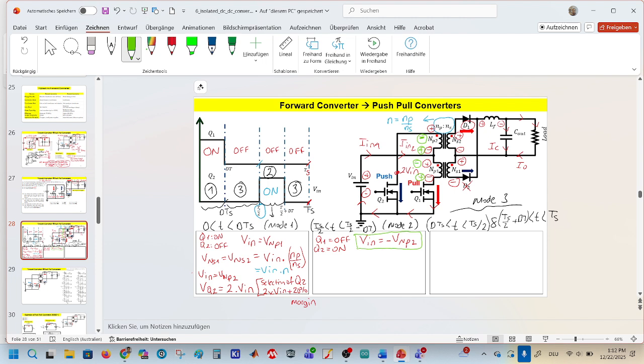And what happens on the NP1, because we defined here, for example, the input voltage both for NP1 and NP2. They were the same, and here they will be the same.